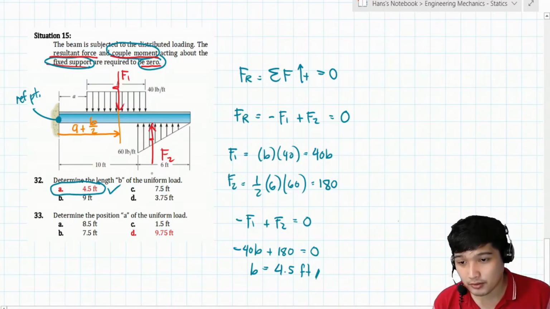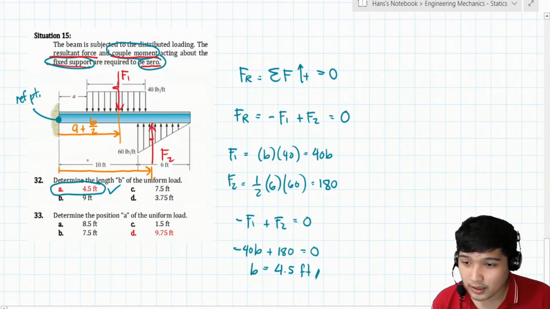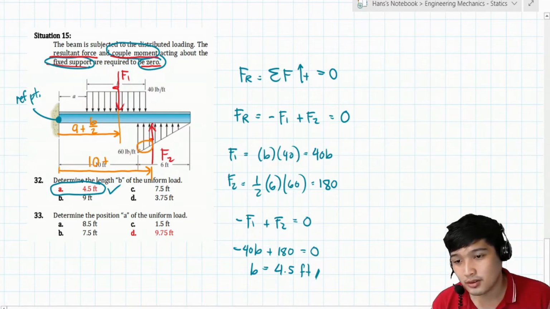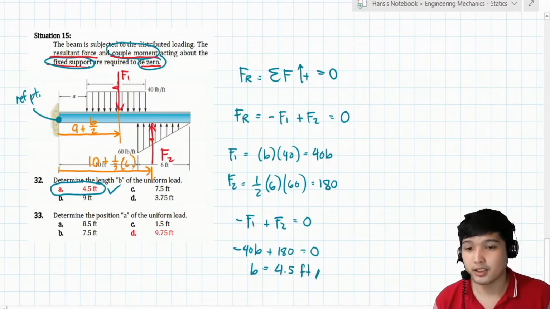So, how about for F2? So, in distance niya, perpendicular distance, no, from its line of action. So, that is how much? Yung naunang 10, di ba? Ayun, no, naunang 10. And then plus, yung 1/3 nung base na 6. So, 10 plus 1/3 of 6.